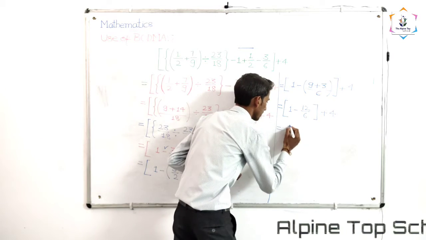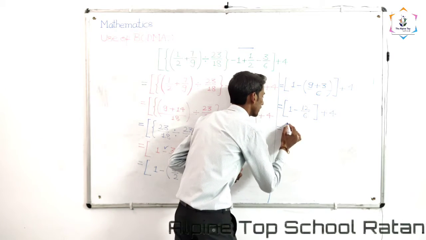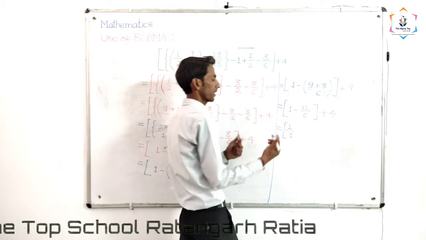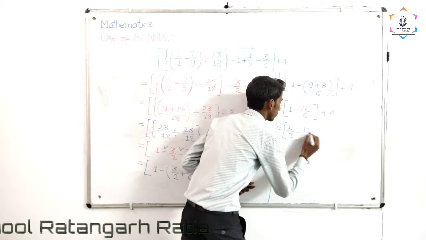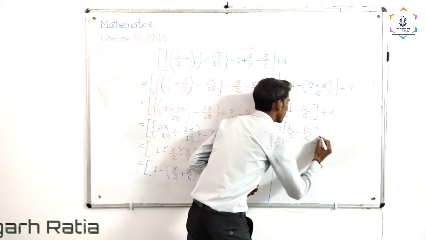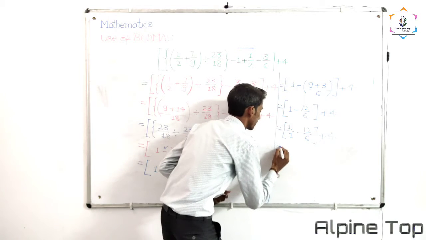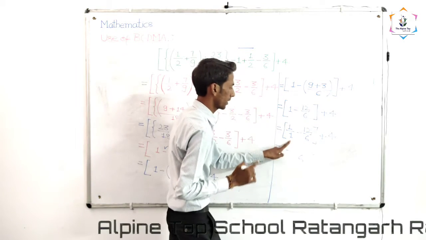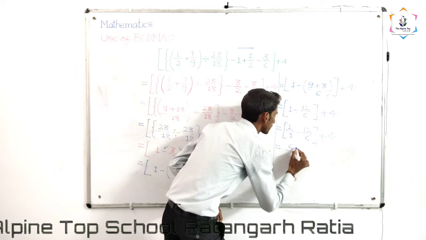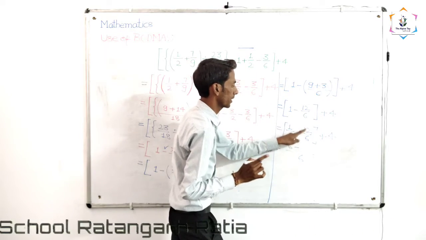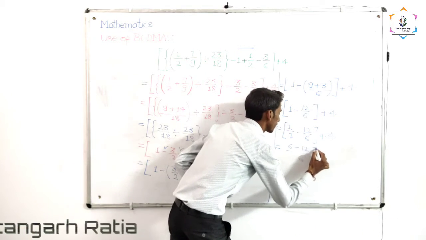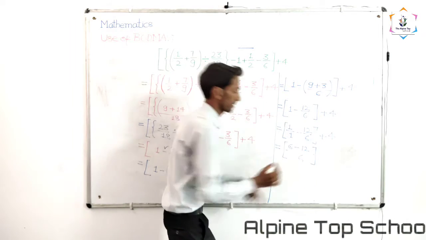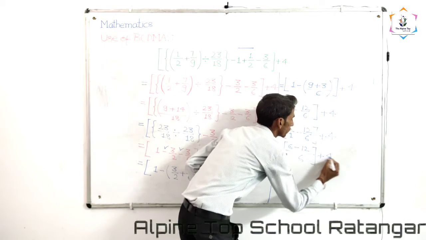For this purpose, first I am going to take the denominator of 1 as 1, because when you divide 1 by 1 you will get 1. Why I am doing this? So that I can solve it. Now here students, take the LCM. LCM of 1 and 6 is 6. 6 divided by 1, 6, 6 ones are 6. 6 divided by 6, 1, 1 into 12, 12. It means in the square bracket I am getting 6 minus 12 by 6 plus 4.